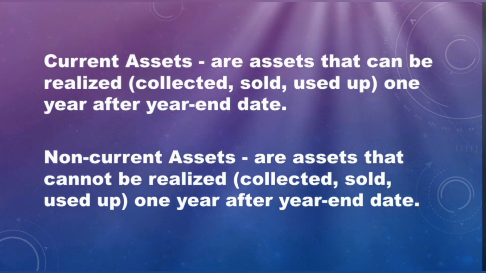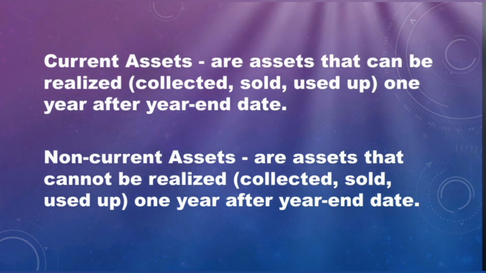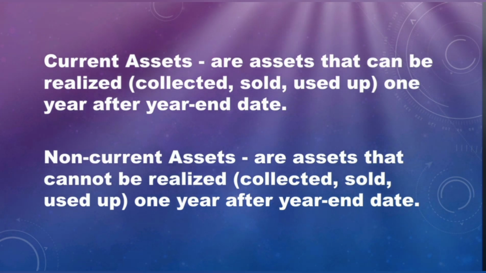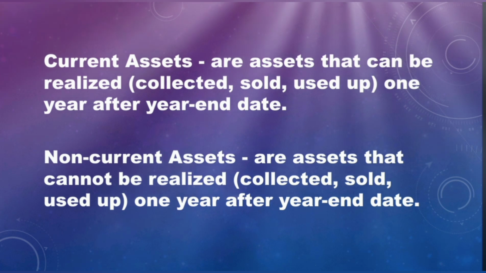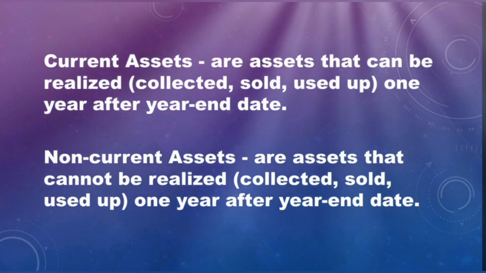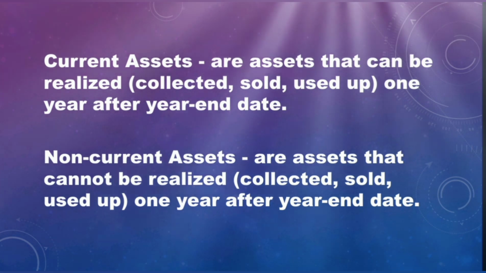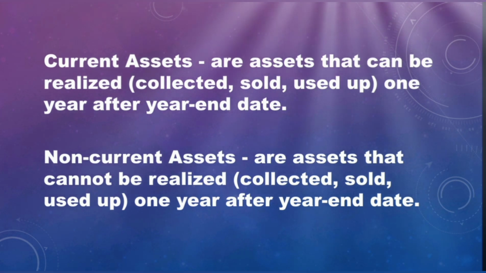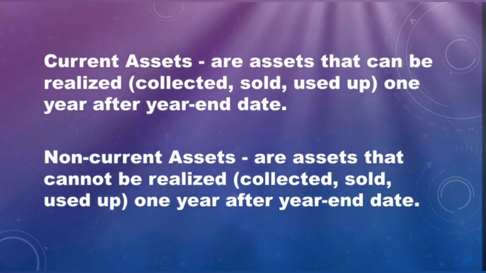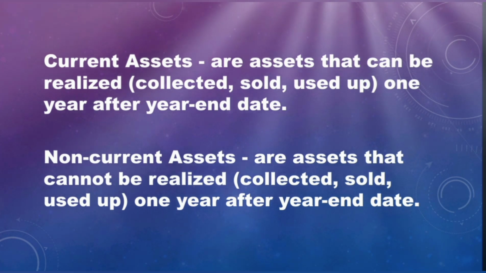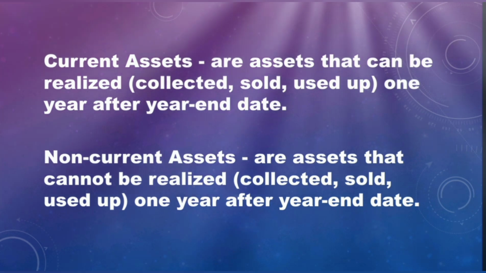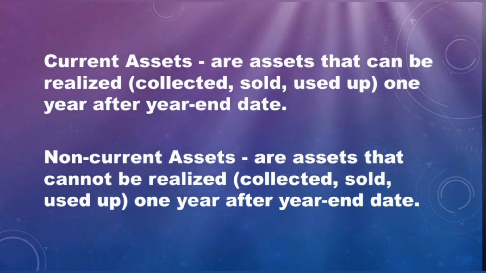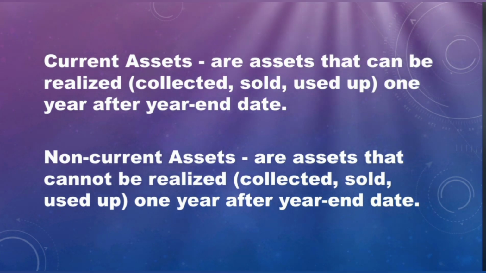Examples include cash, accounts receivable, merchandise inventory, prepaid expense, etc. Non-current assets are assets that cannot be realized, collected, sold, or used up within 1 year after year-end. Examples include property, plant and equipment, furniture, building, land, long-term investment, etc.